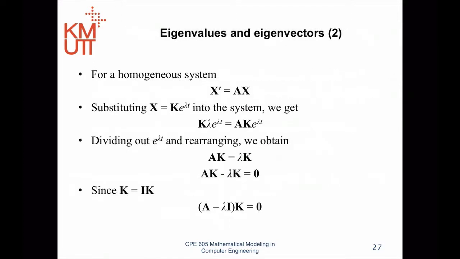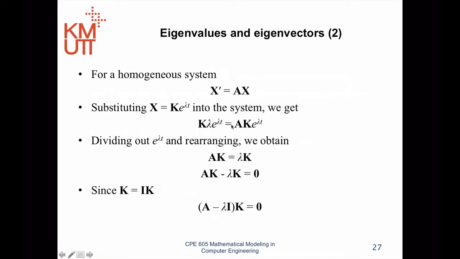For a homogeneous system, x prime equals Ax, if we substitute x equals k e to the lambda t into the system, we will have this equation: k lambda e to the lambda t, the differentiation of k e to the lambda t, equals A k e to the lambda t.